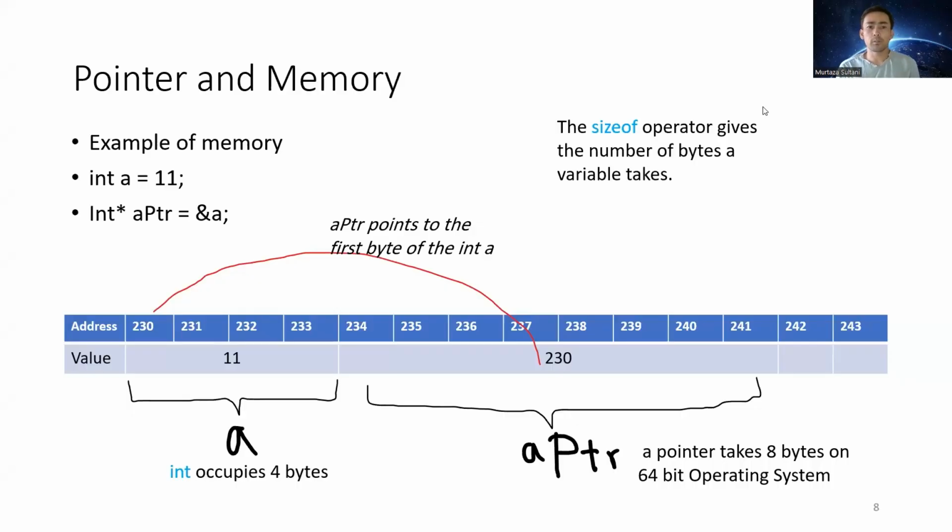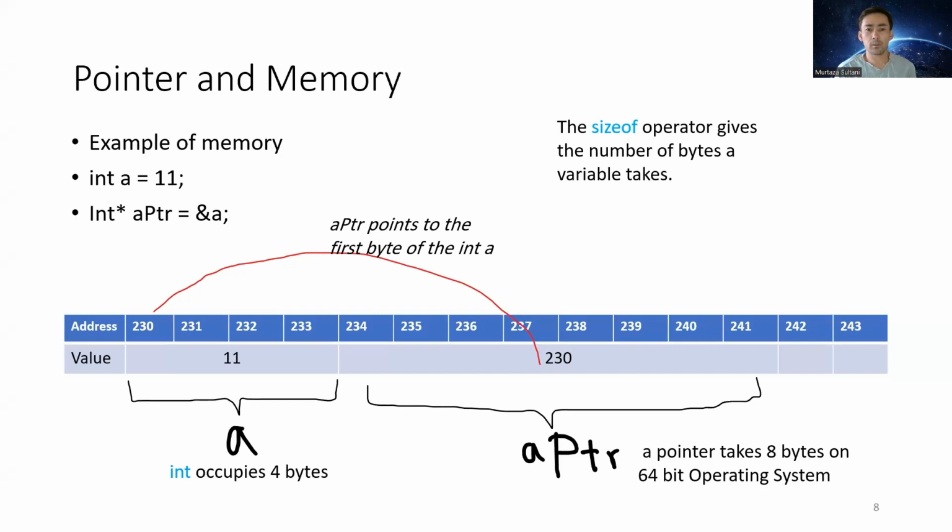Okay, now we go to the pointer and memory. We said that the pointer reveals the address of the variable that it is pointing to. And let's go to the address, say the memory. We said that the memory can be imagined like a long row of slots or houses with numbers.